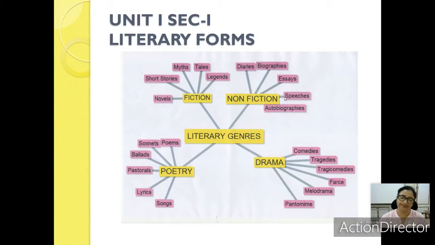Now, as students of literature, why do you have to study the various categories of literary forms? Because you are dealing with the skill enhancement course which relates to creative writing. All these categories, poetry, drama, non-fiction, fiction, are genres.